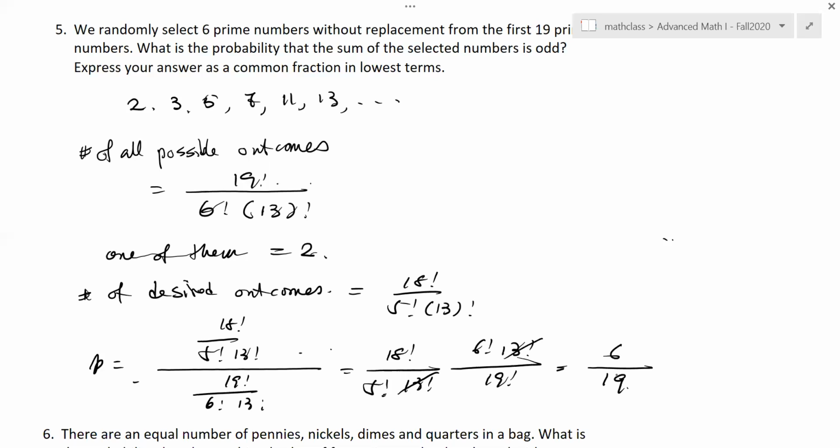Okay, the number of all possible outcomes will be, by the standard formula, 19 factorial over 6 factorial over 13 factorial. Then you only consider those prime numbers. The sum is going to be an odd number, so one of them must be 2. So 2 is fixed.